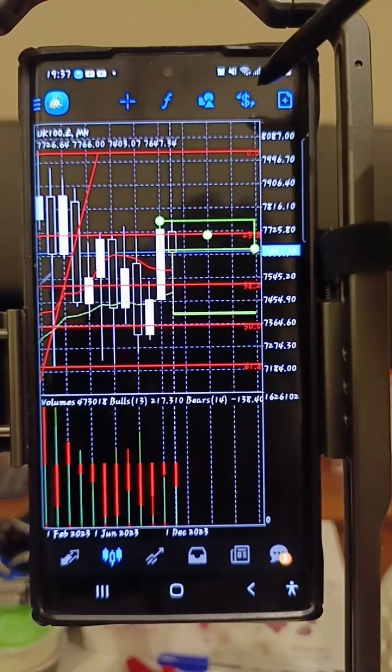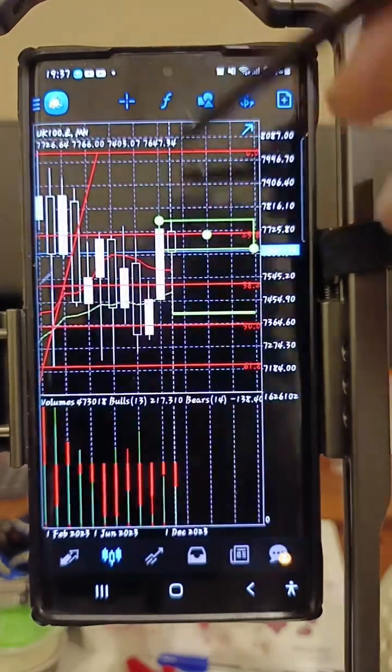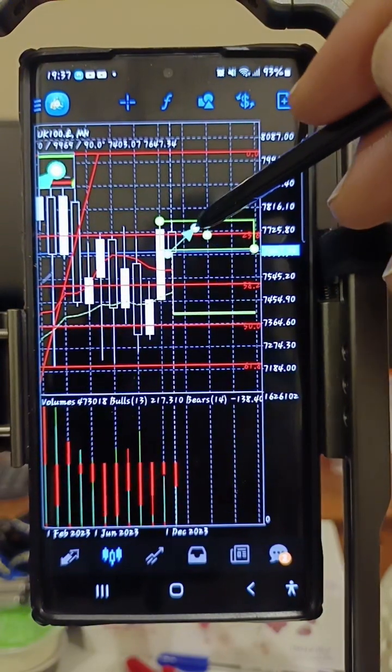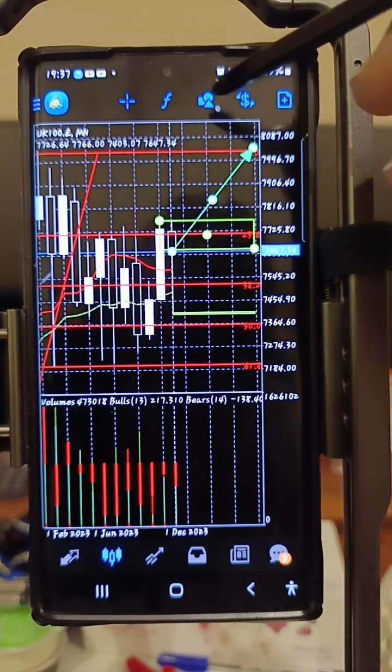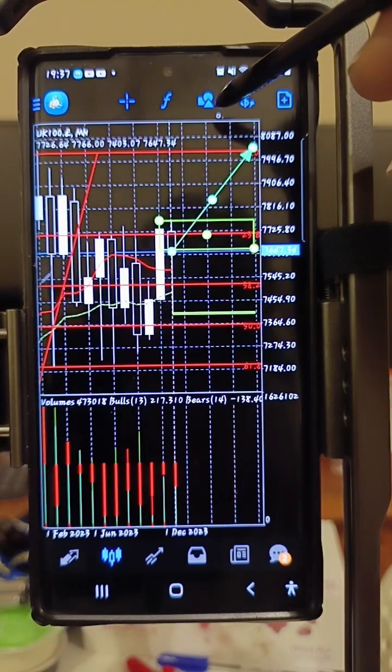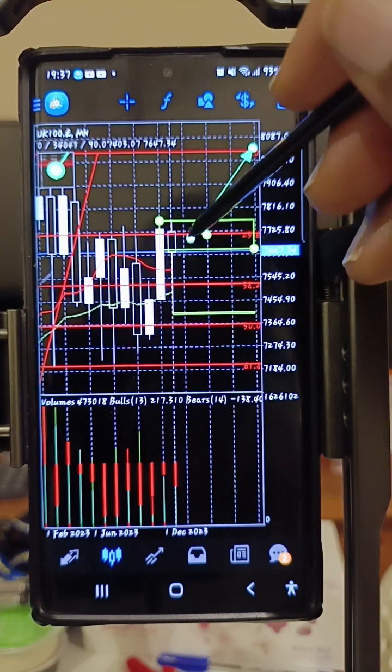So there's two options from here. Either it goes clearly up, then starts to bounce and goes here, or what it will do is open and see if there's a gap.